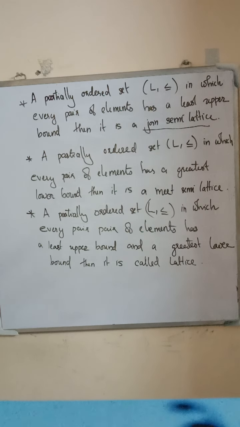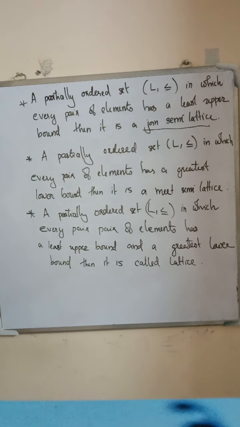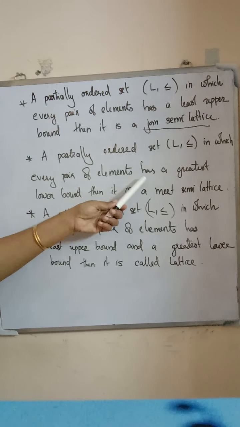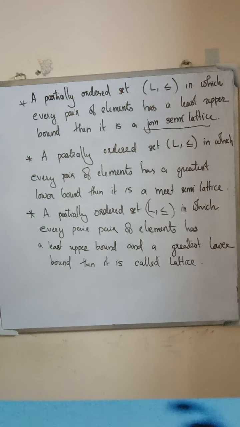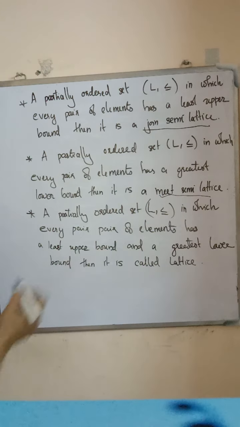If we choose a partially ordered set in which every pair of elements has a greatest lower bound, then it is a meet semilattice.